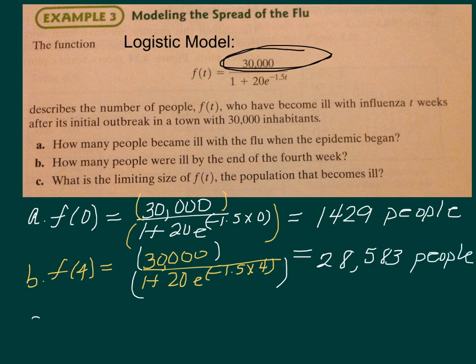And then C, what is the limiting size of f of t, the population that becomes ill? So according to this model, remember the constant number which is on top represents that limited size. Because there are only 30,000 people in this town, that is the limited number of people that can become ill.